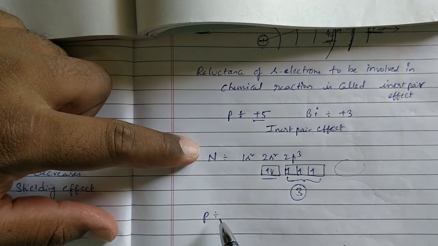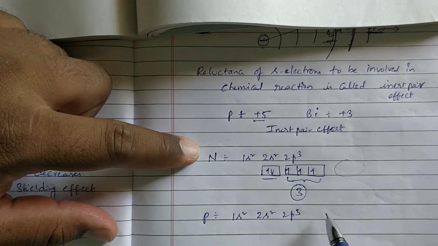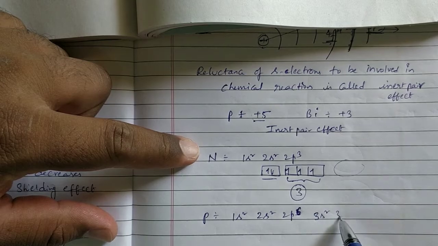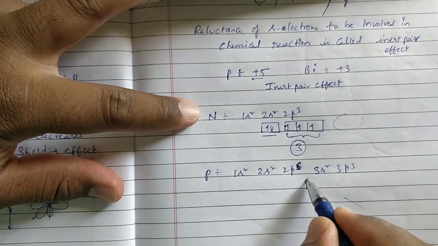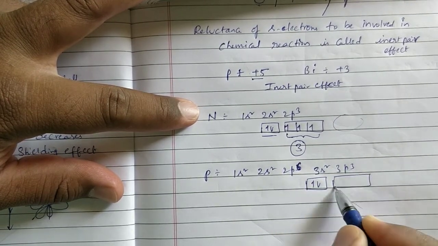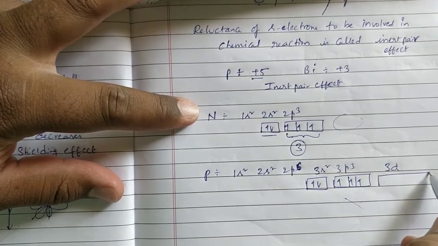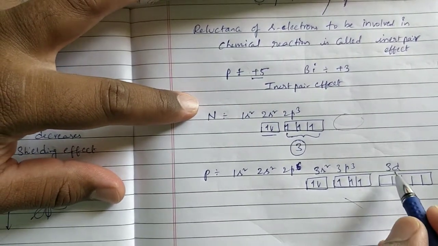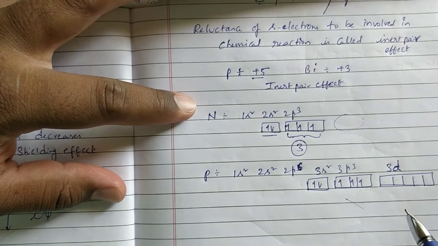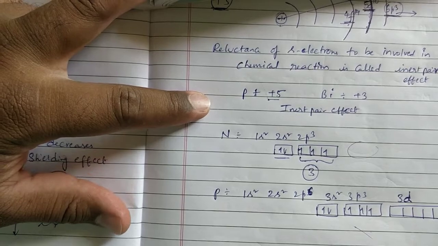But phosphorus, if you see, electronic configuration of phosphorus is 1s2, 2s2, 2p6, 3s2, 3p3. This is the electronic configuration of phosphorus. Outermost shell is the third shell, contains 3 unpaired electrons only, but 3d is also there. 3d empty orbitals are there because d starts from the third shell only.